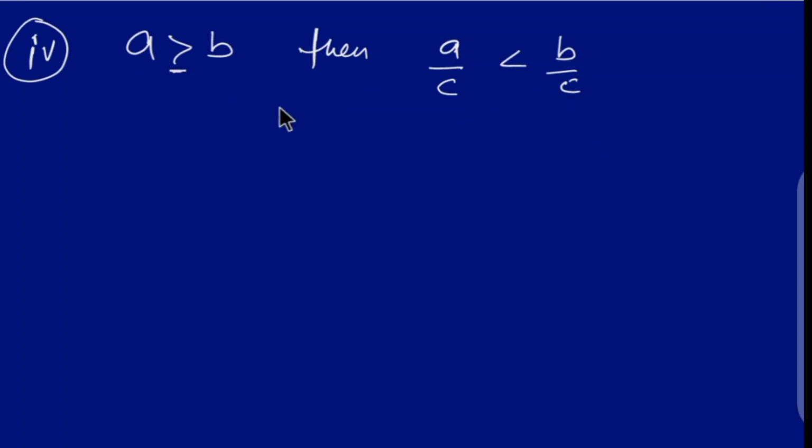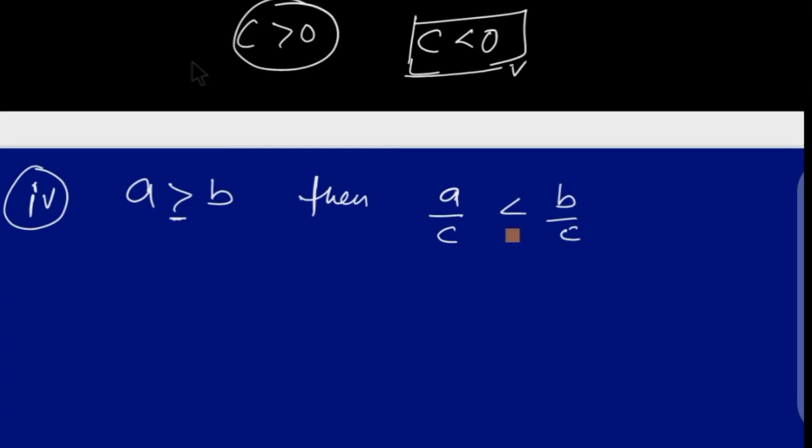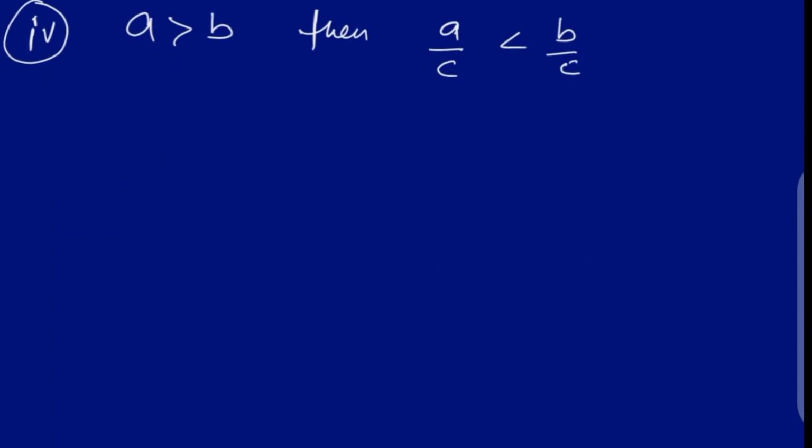So also here the inequality sign is going to be changed, and for changing the inequality we need to confirm about the number. It is only going to change when c is a negative number, but we don't know whether c is positive or negative, so this statement is also false.